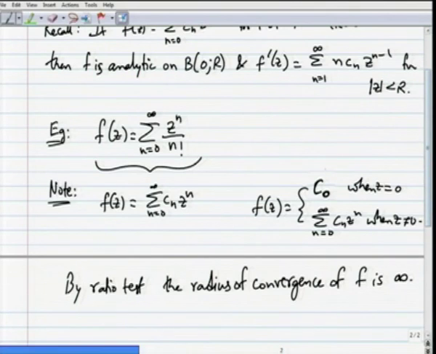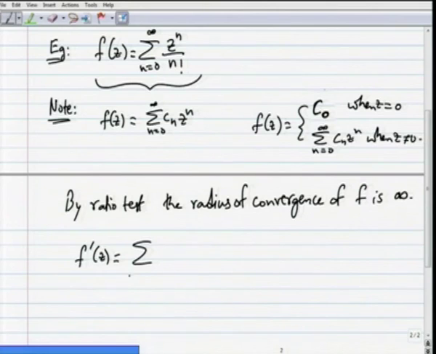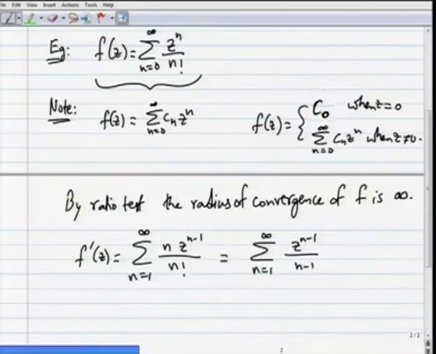Or you can use the Cauchy-Hadamard formula; either way one can get this. So, we can differentiate this power series. f prime of z for the same radius of convergence will look like n equals 1 through infinity of the differentiation of z power n, which is n z power n minus 1, divided by n factorial. I will cancel the n in the numerator and the denominator, to get n equals 1 through infinity z power n minus 1 divided by n minus 1 factorial.